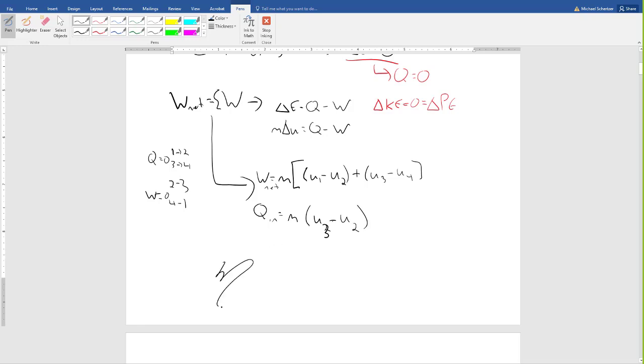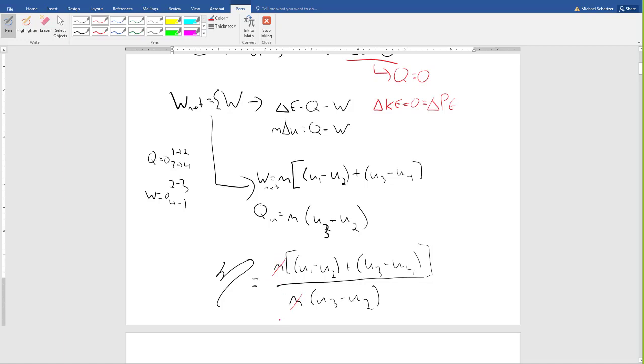So then our thermal efficiency is going to be m times (U1 minus U2 plus U3 minus U4) divided by m times (U3 minus U2). And those masses are going to cancel out. So this is for the Otto cycle.